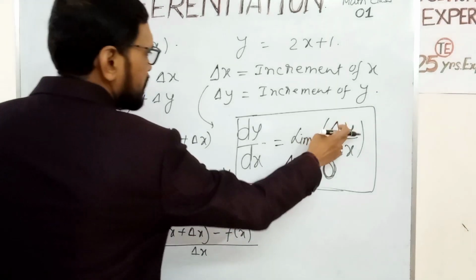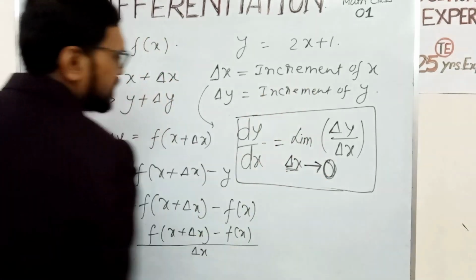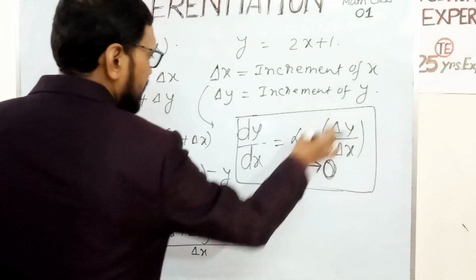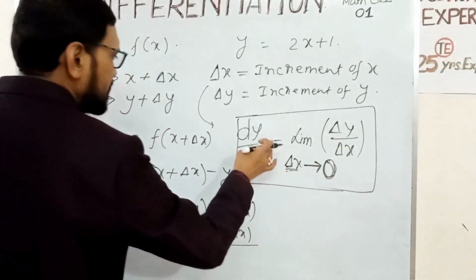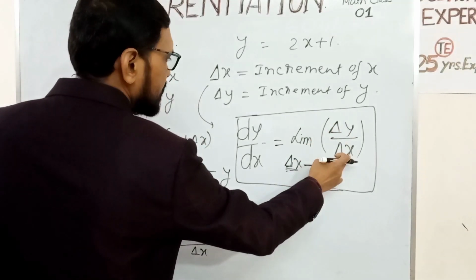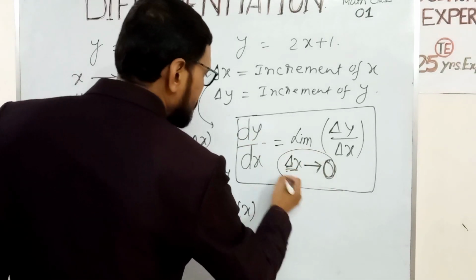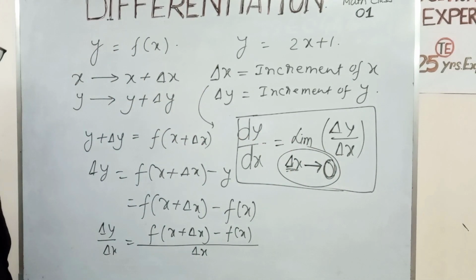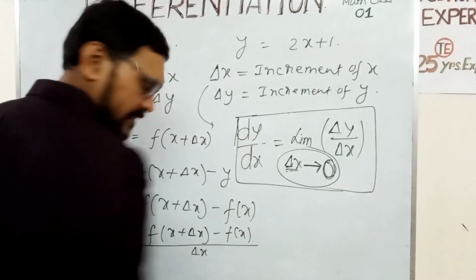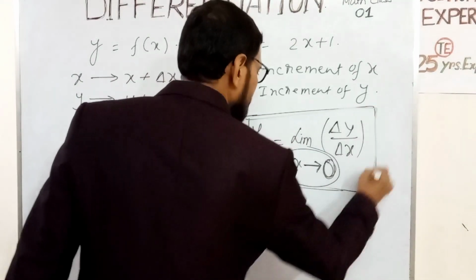Any ratio of an increment of y to an increment of x is not denoted by dy by dx. The ratio of the increment of y to the increment of x will be dy by dx only if the increment of x tends to 0. So this is the definition of dy by dx.